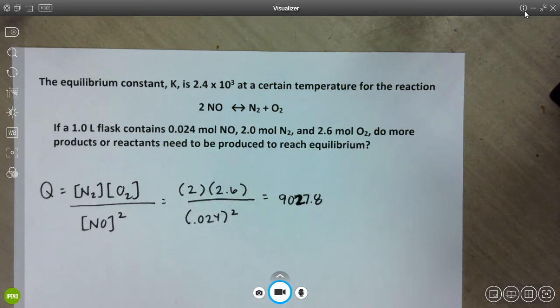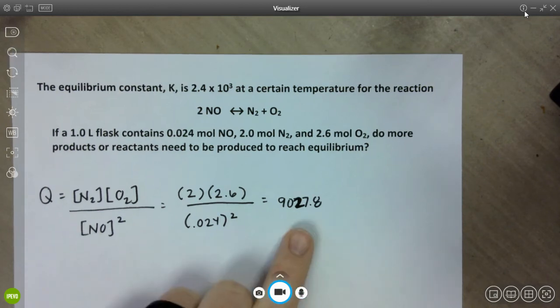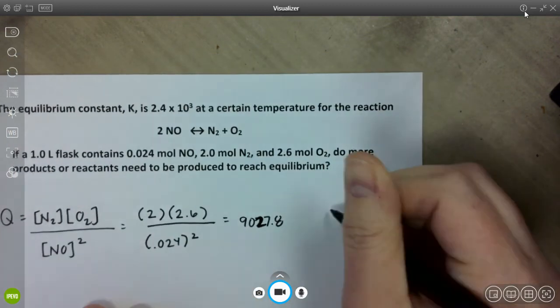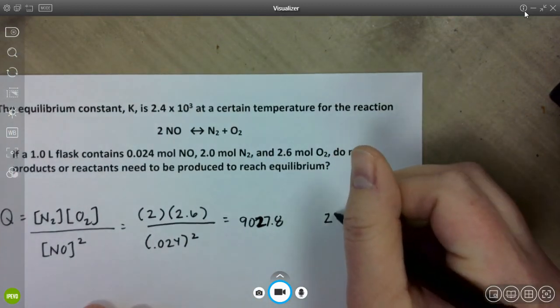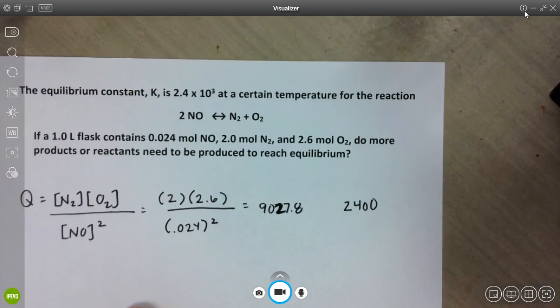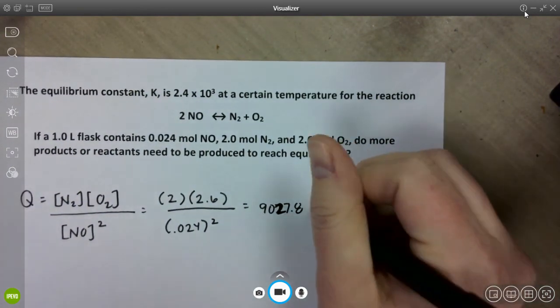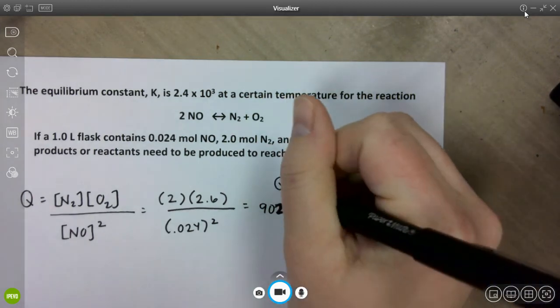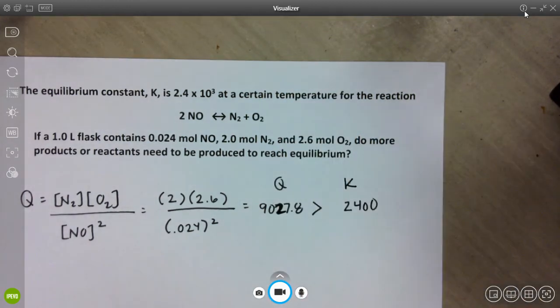So when you look at this, we're going to compare this value to our K value. Our K value is 2,400, or 2.4 times 10 to the third power. If you think about it, we always kind of eat the bigger one with our symbol here. So this is going to be greater than 2,400. So in this case, my Q is greater than my equilibrium constant.